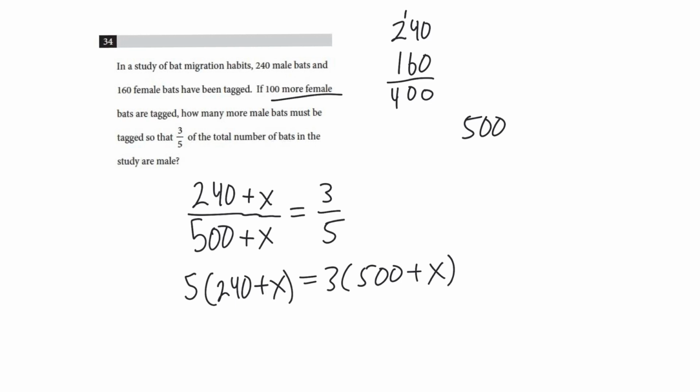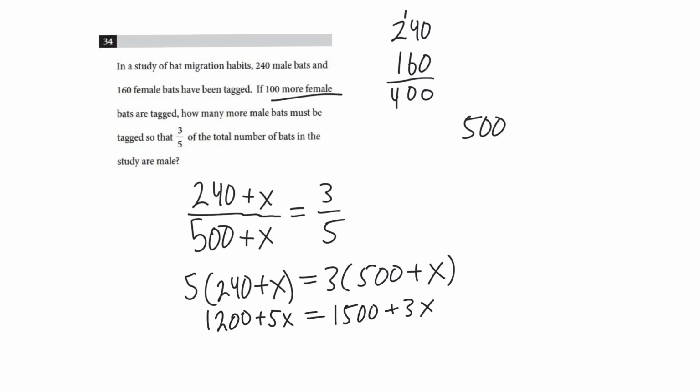All right, if I distribute this, I'm going to get 5 times 240, well, it's going to be 1,000 plus 200 is 1,200 plus 5x equals, and this is going to be 1,500 plus 3x.